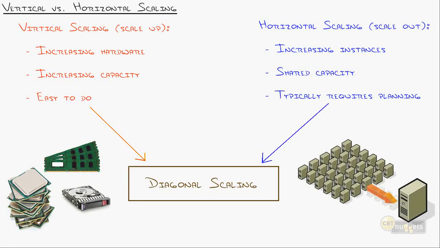The beauty of vertical scaling is it's easy to do. Maybe my server has 4 gigs of RAM. It's maxing out. I need to add the chips to go up to 8 gigs, or 16 gigs, or whatever size you want. That's what we typically think of as scaling.